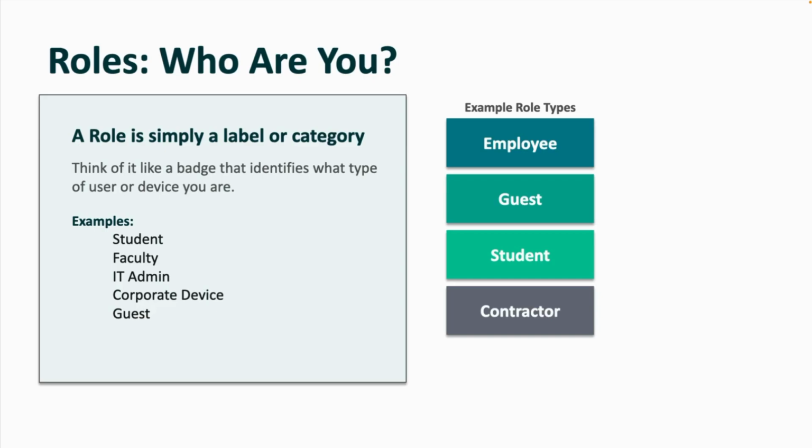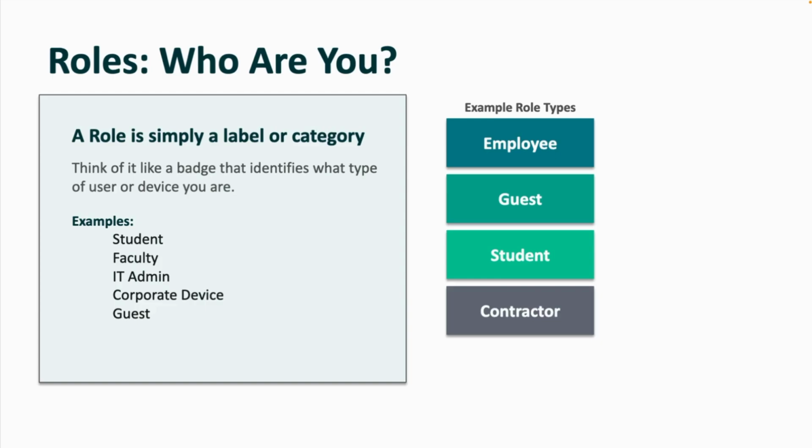In ClearPass, you might have roles like student, faculty, IT admin, corporate device, guest. A role is just a name tag that says this is the type of user or device connecting to my network. There is no magic here. It is literally just a category name.